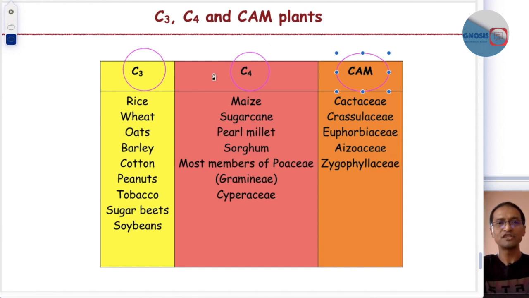And the particular feature of C4 plants, which is the Kranz anatomy, is what facilitates the spatial separation of the carbon dioxide assimilation in the C4 plants.